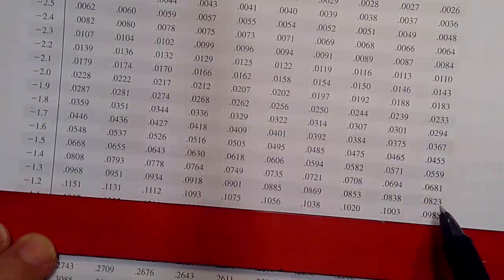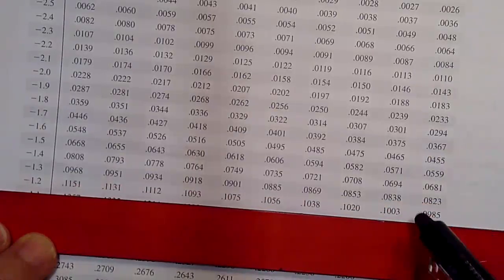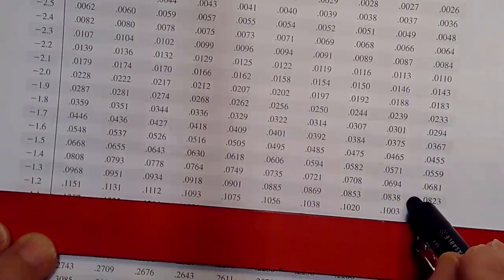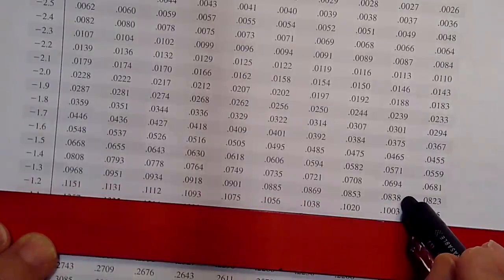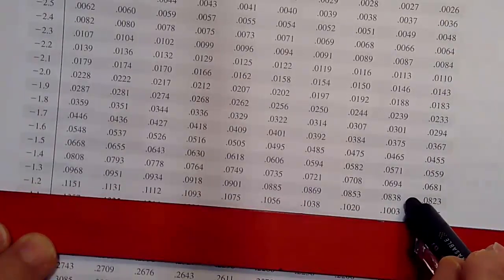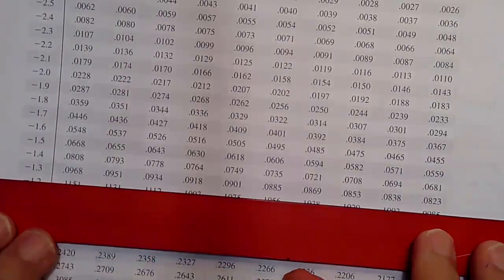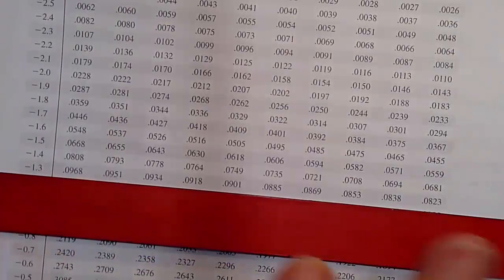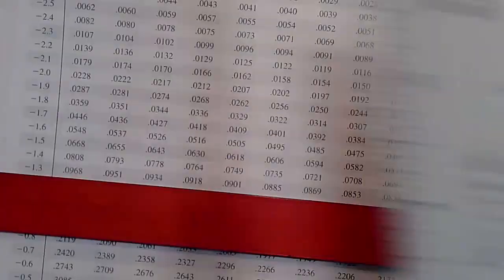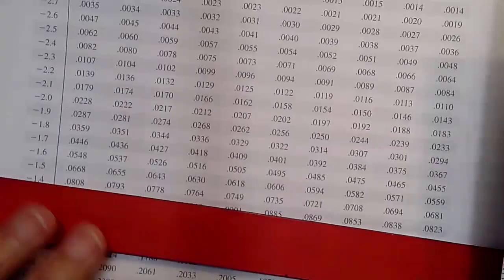This would be 23, and then 24, 25, 26, and so on up to 36, and then 0.0837, and then 0.0838, right? So it falls in here. This is what I mean, that it falls in between two other areas on the curve.